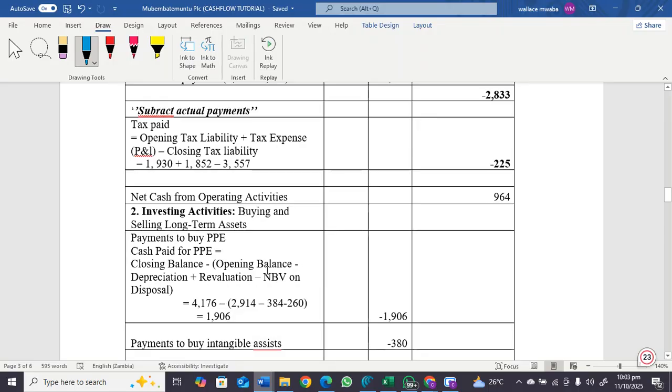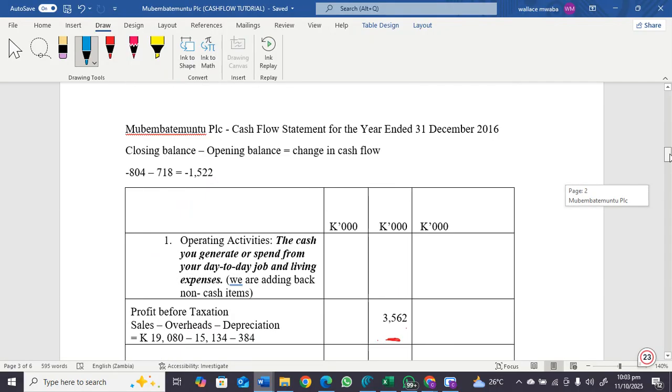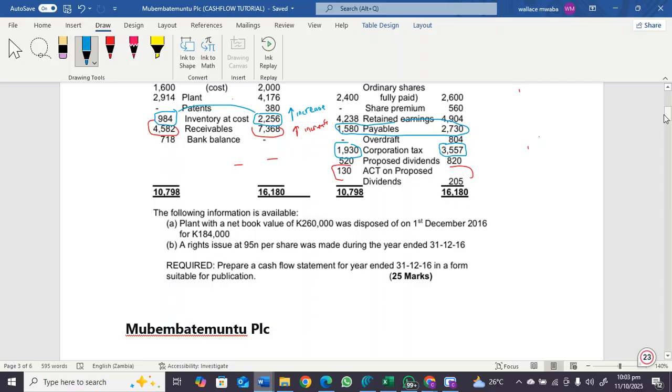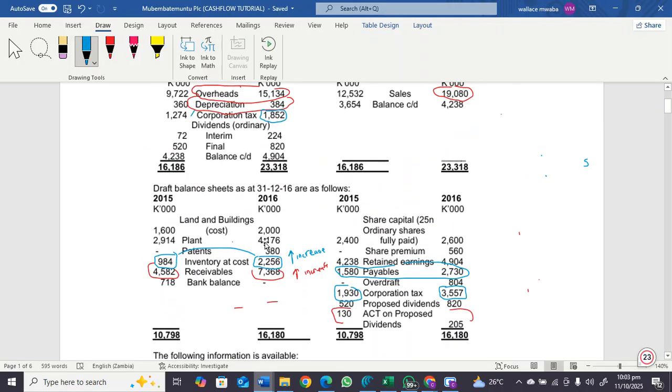So closing balance, we saw it was 4,176. Here we're focusing just on plant, colleagues, only on plant. This formula applies to any plant, property, or equipment. So closing balance 4,176, opening balance 2,194.